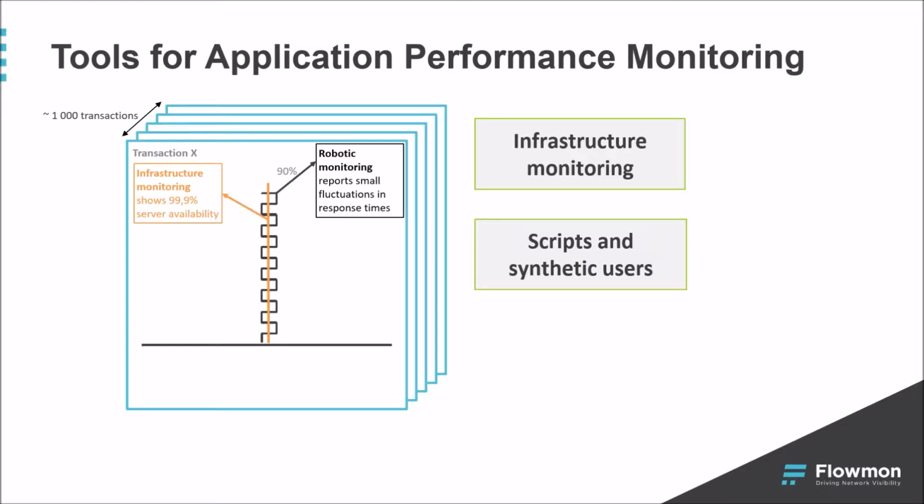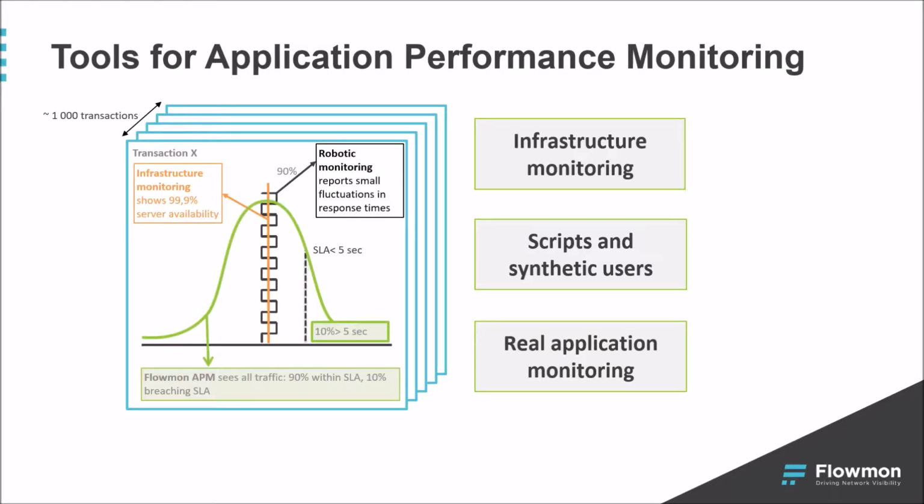Then there are some scripts or synthetic users, basically robotic monitoring, which generates the transactions, goes to some part of the application, and reports on the server or the application availability, and also measures the duration of the transactions.